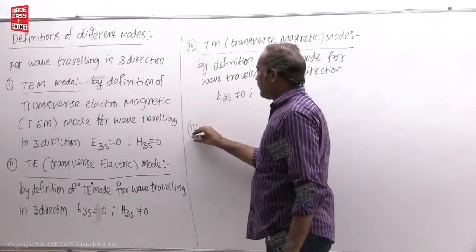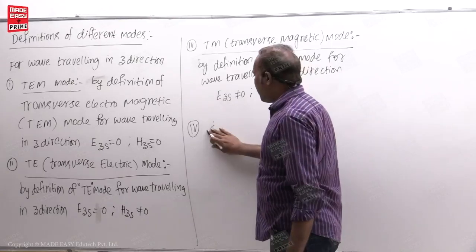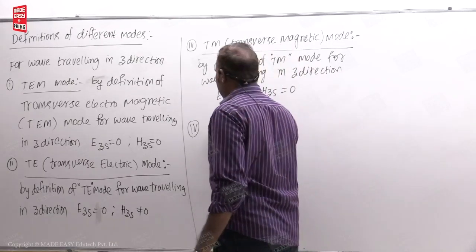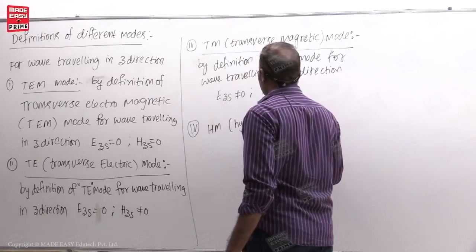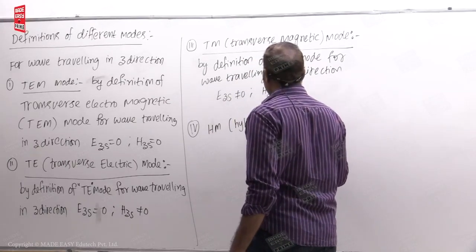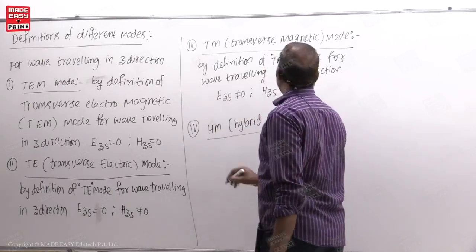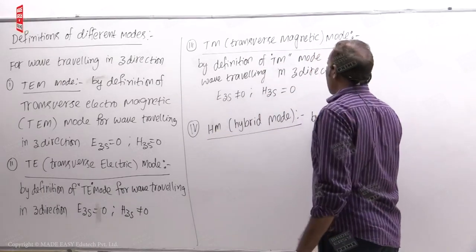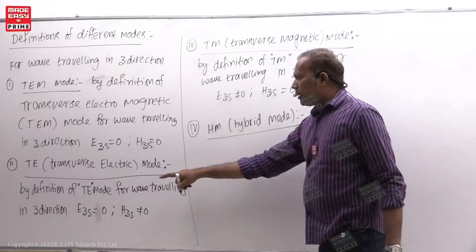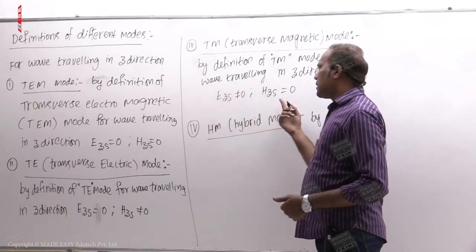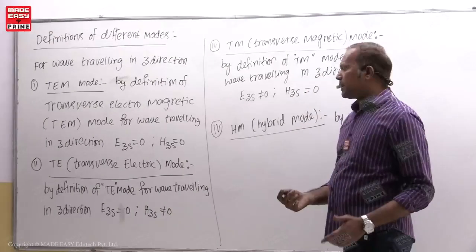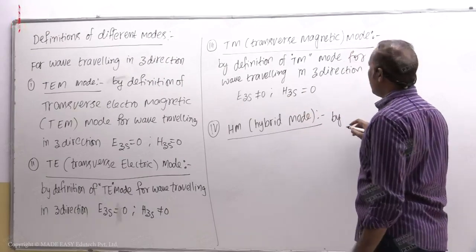Then fourth one, HM, that means hybrid mode. That means it is a combination of TE and TM. So that means here EzS is also not 0, HzS is also not 0, both are present here. That is the combination, hybrid mode.